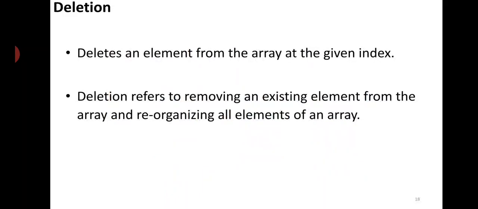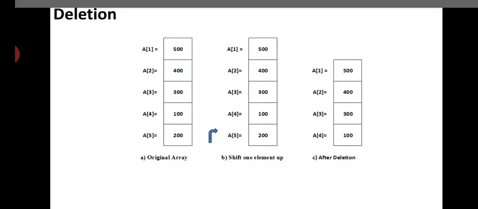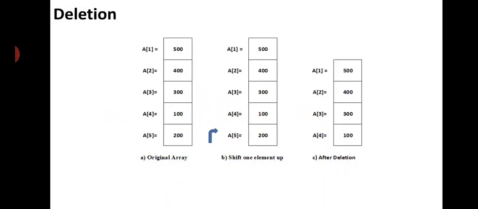Next, deletion. Deletion deletes an element from the array at any given index. Deletion refers to removing an existing element from an array and reorganizing all the elements of the array. Let's see the example. Here I have an array A of 1, 2, 3, 4. Right?